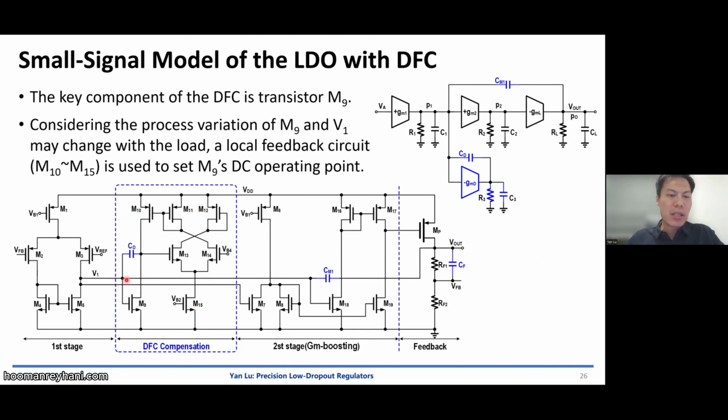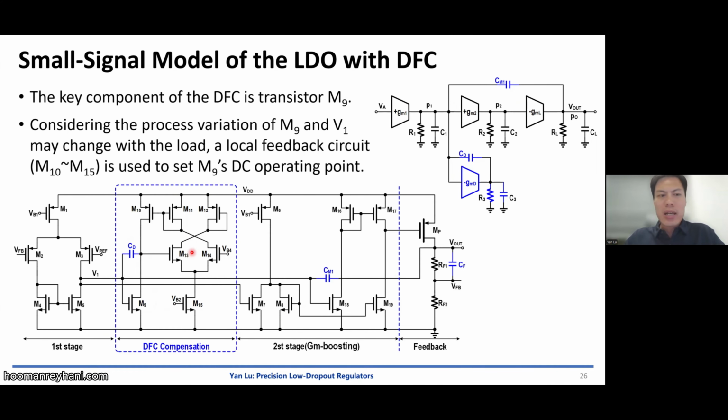So M9 can give us 1/GM at a certain frequency. And the other circuits from M10 to M15 are for generating the DC operating point of M9, right? So basically only M9 and CD contribute to the compensation. The other circuits are for DC bias.